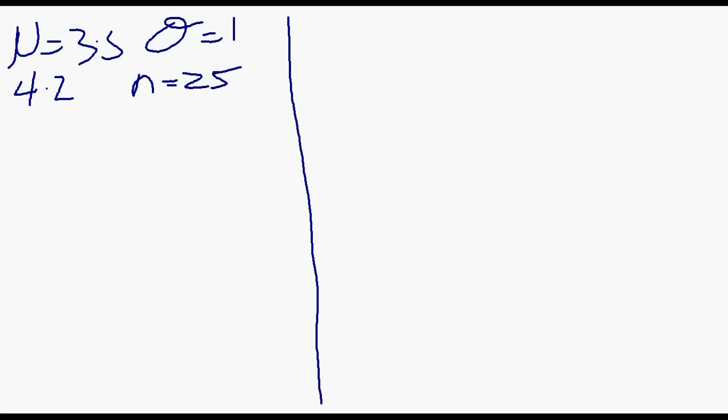So if we go deep down, and we know it is normally 4.2 mL.